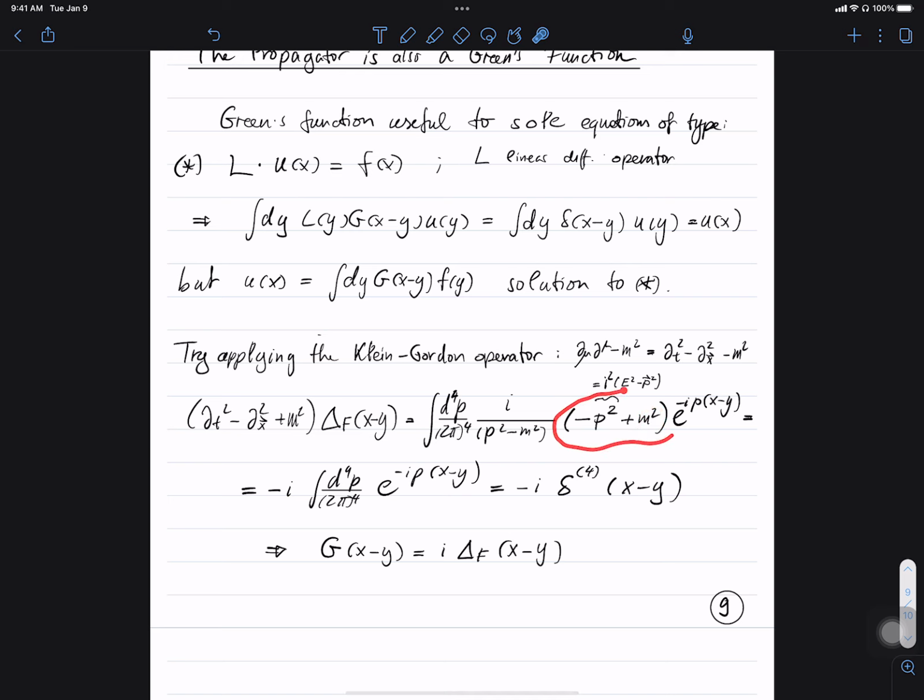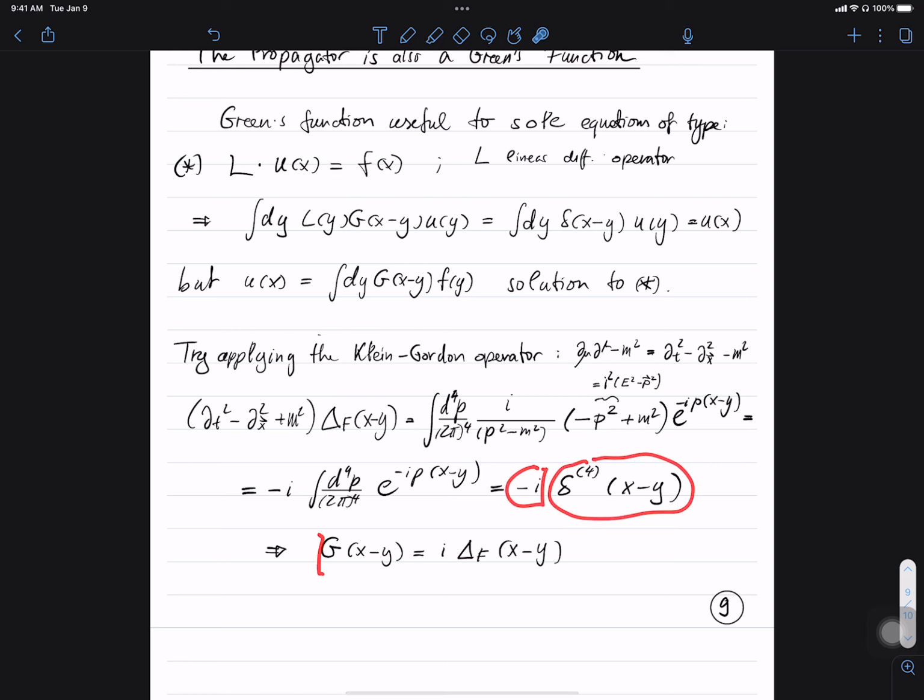But now observe that we have this expression and this expression that cancel under the integral, up to a minus sign; minus 1 comes out. So we have minus i, the i here comes out, times this expression, which is a four-momentum integral of e to the i p x minus y with 2 pi to the 4 in the denominator, which is just the definition of the four-dimensional delta function here with a negative i sign.